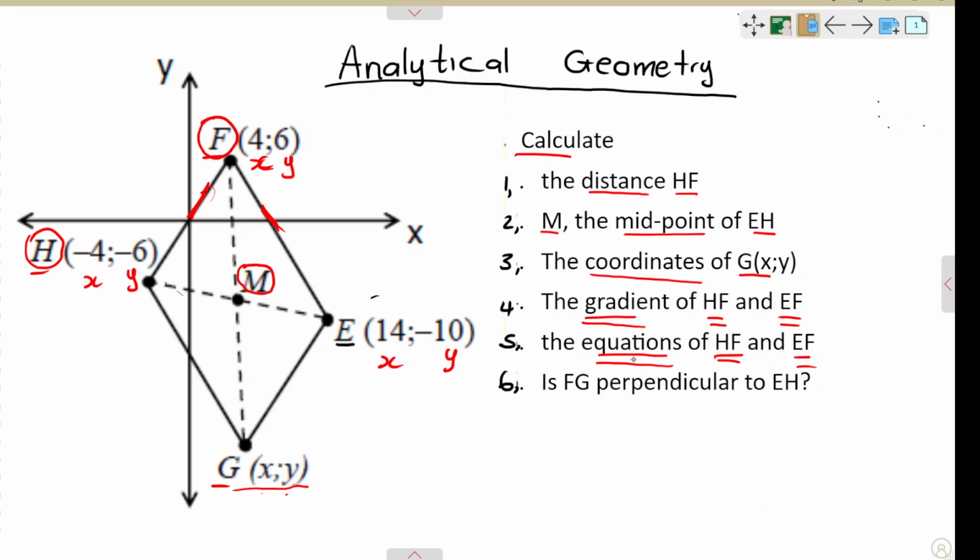So let's start doing the calculation of the equations in analytical geometry so that we build for the next topic. I'll show you how to find the equation of the line HF and the equation of the line EF.